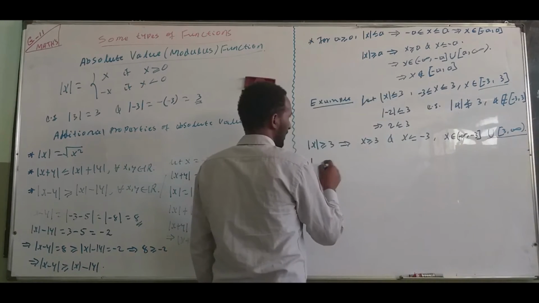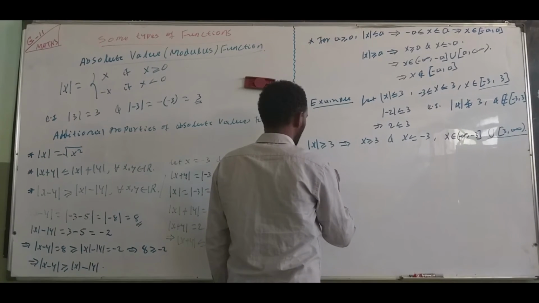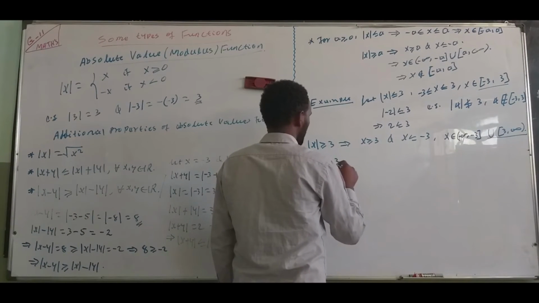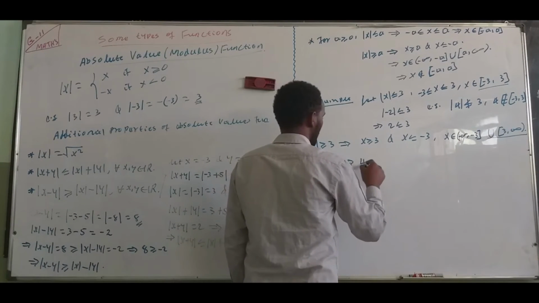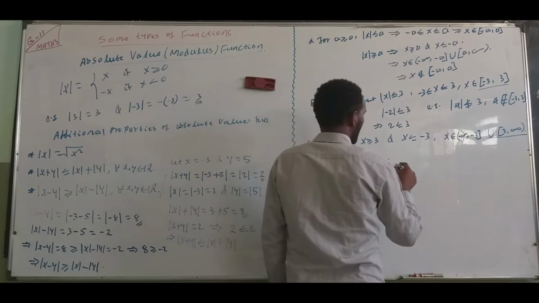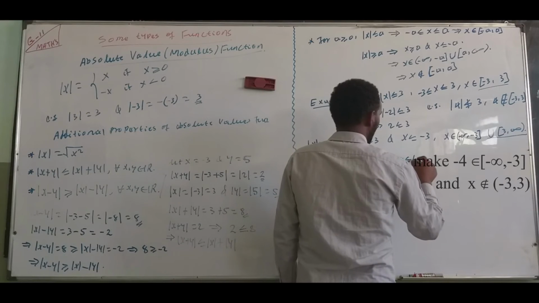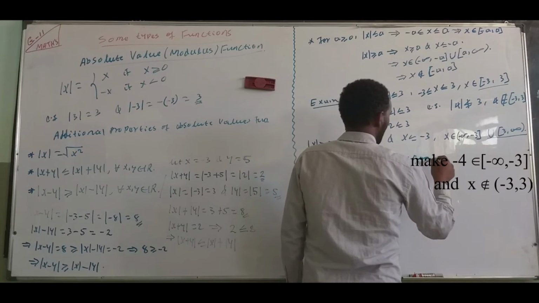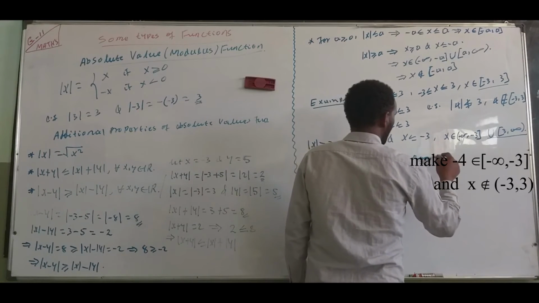Let us take negative 4: the absolute value of negative 4 is greater than or equal to 3. This implies that 4 is greater than or equal to 3, because negative 4 is an element of negative infinity to negative 3.